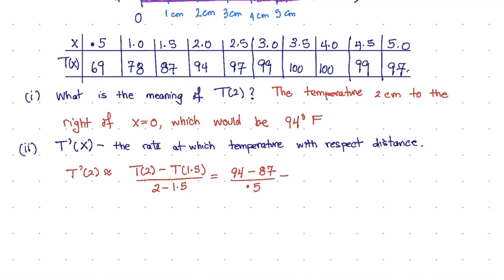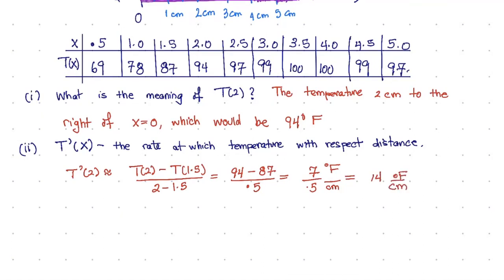So we would end up with 7 all over 0.5, where the 7 in the numerator is in degrees Fahrenheit, and in the denominator we are measuring the wire in centimeters. So our rate of change is given in degrees Fahrenheit per centimeter. Performing the division, we end up with 14 degrees Fahrenheit per centimeter.